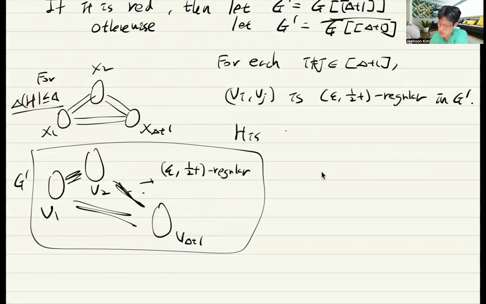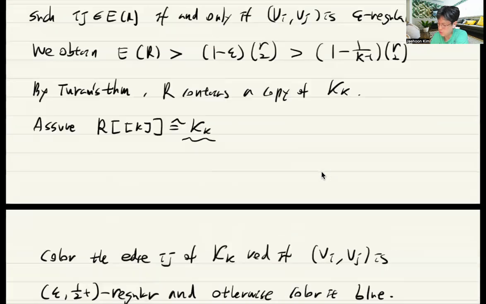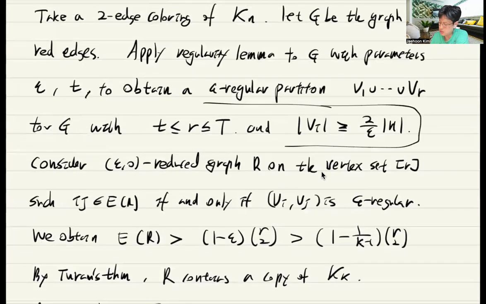Also, H is delta plus 1 partite, with its partition classes having size at most what? The number of vertices in H, which is at most epsilon times each Bi over 2. That's because of our choice here.